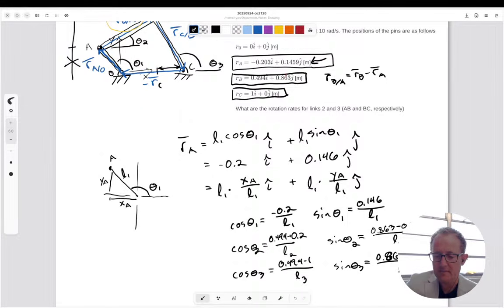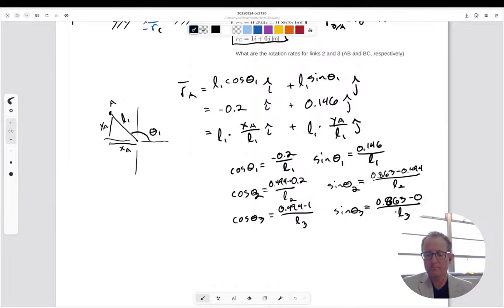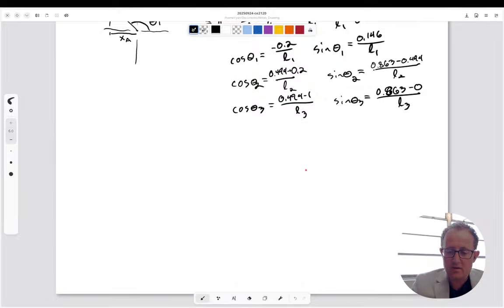Yeah, and then I do the same thing here, B minus C, just like that. So position B minus position C. Cool. Now I have all of the terms that I need to solve these two equations and two unknowns.